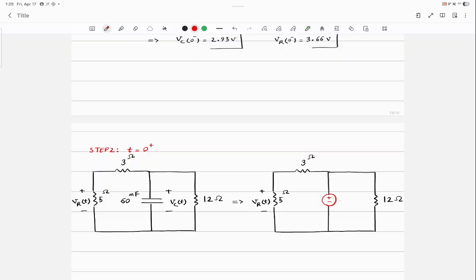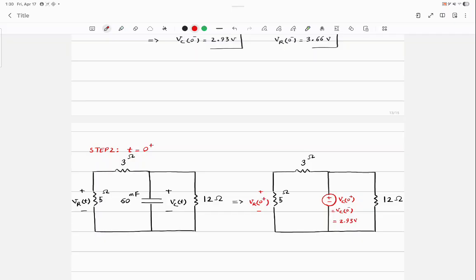So that is VC 0 positive equal to VC 0 negative, and equal to 2.93 volts. And I'm going to change this label to VR 0 positive.